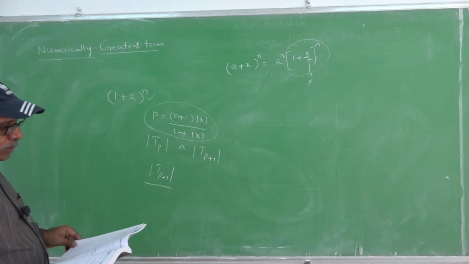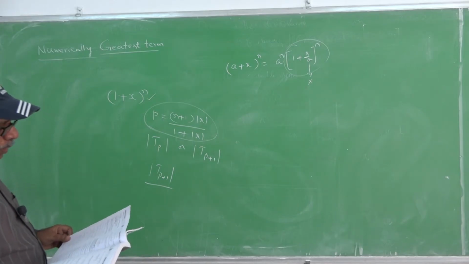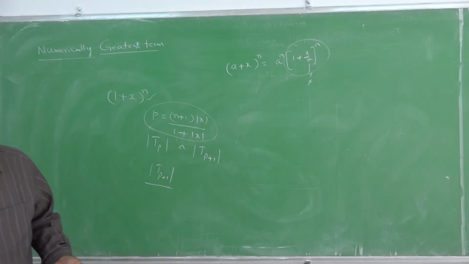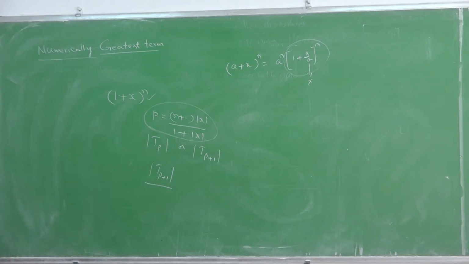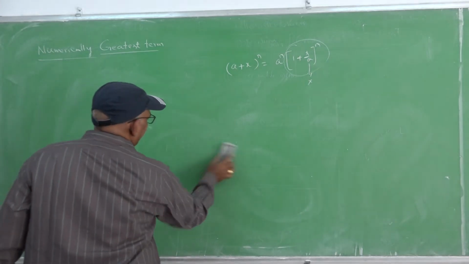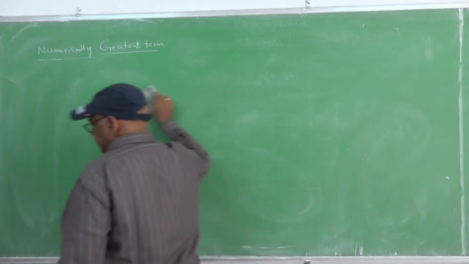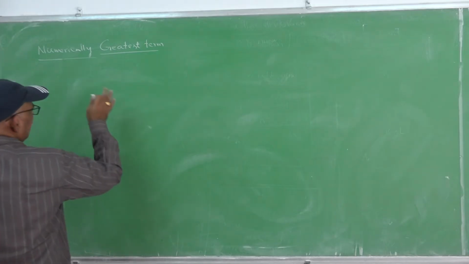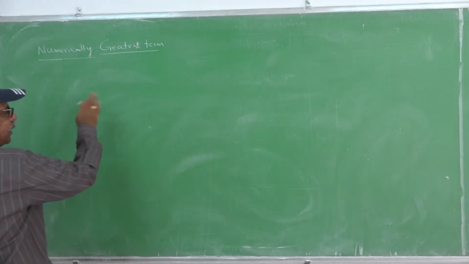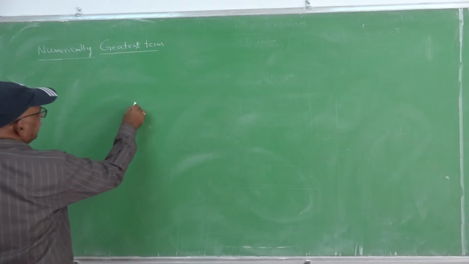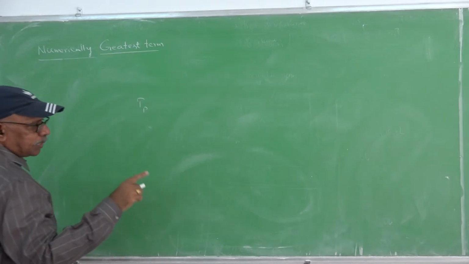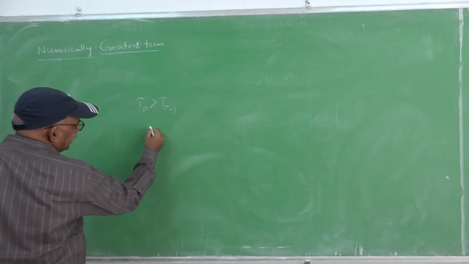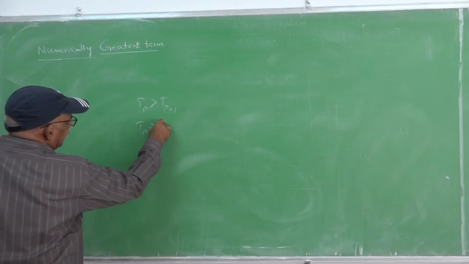Based on this we have certain problems. We will go through the problems. Let us take them as note points here to get numerically greatest terms. Numerically greatest term means the term has more value than its predecessor and successor. That means suppose Tp is the numerically greatest term, then Tp is greater than Tp-1 and Tp is greater than Tp+1 also.